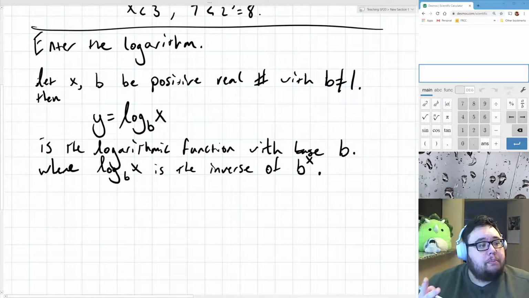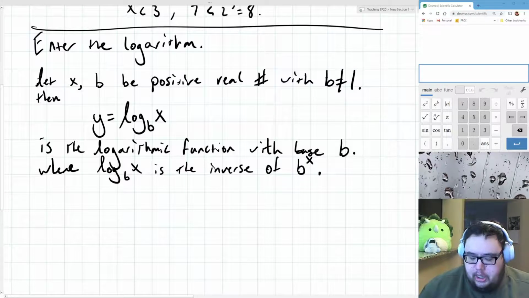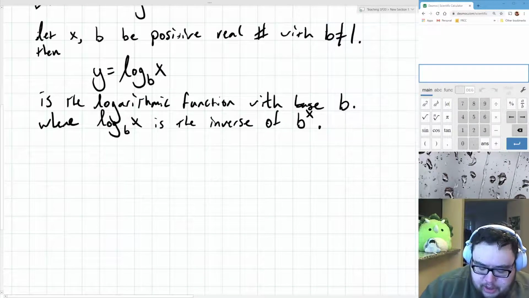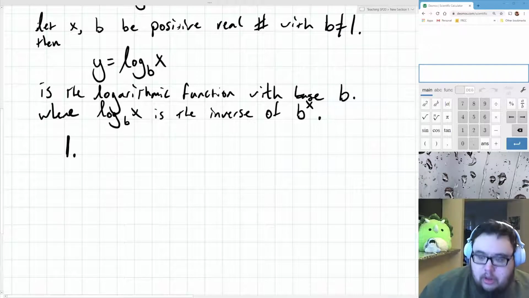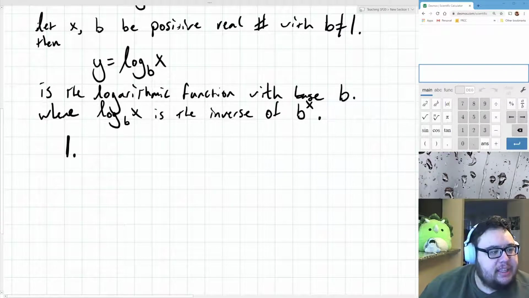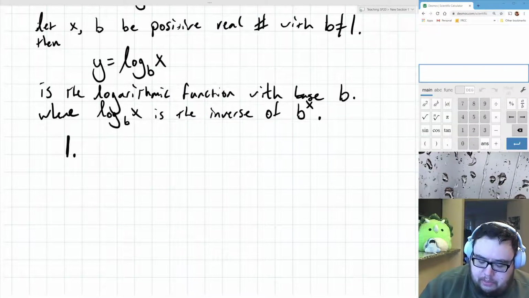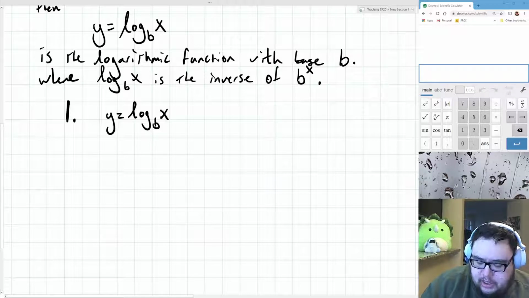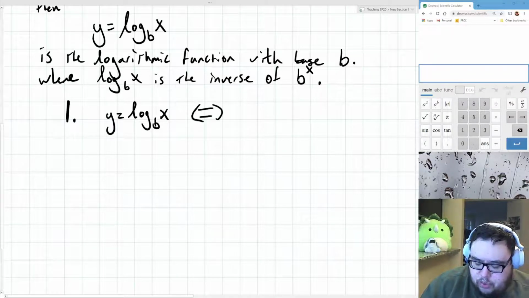This gives us two important facts. So first off, one, when I say the definition of the logarithm, this is usually what I mean. It's that y equals log base b of x is equivalent to b to the power of y is equal to x.